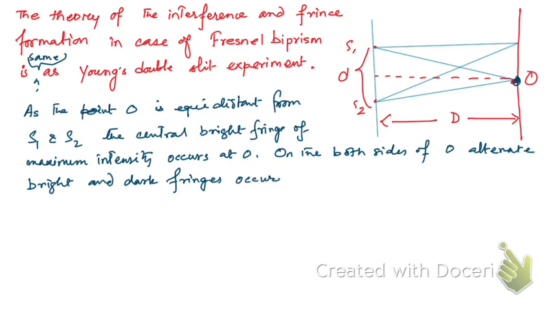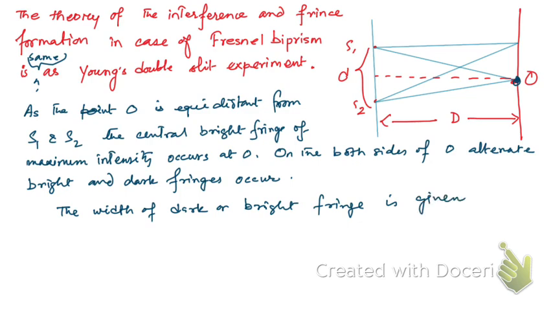Right? So hope you have understood this. The width of the dark fringe or bright fringe is given by beta is equal to lambda capital D by small d, right?